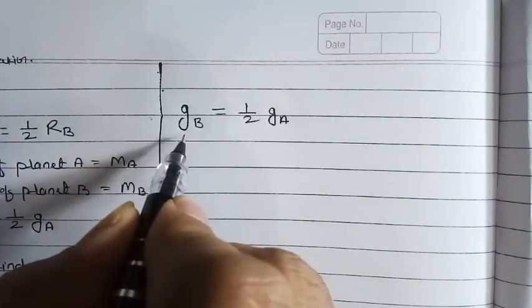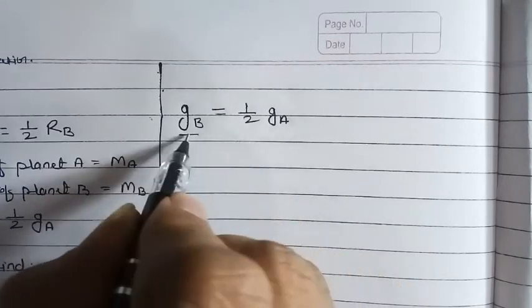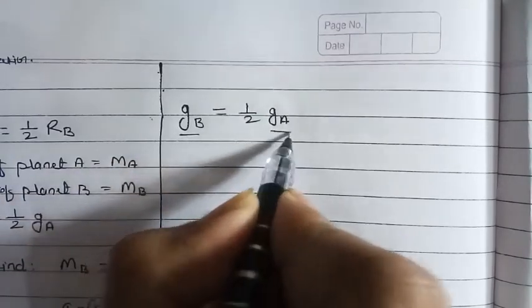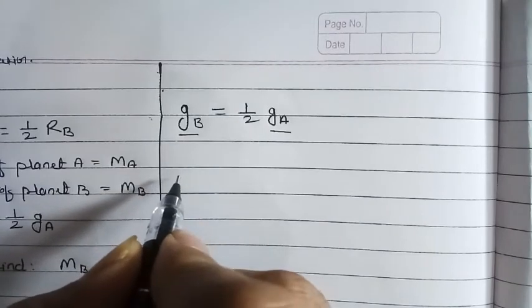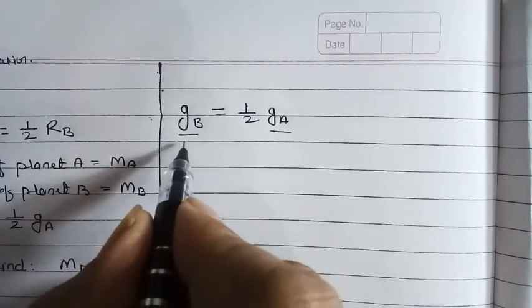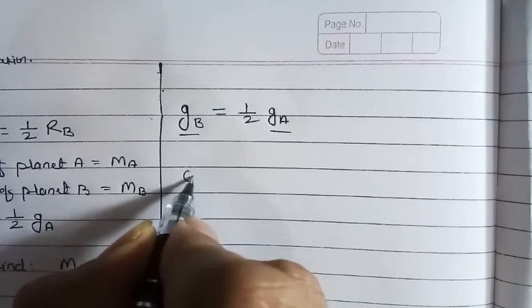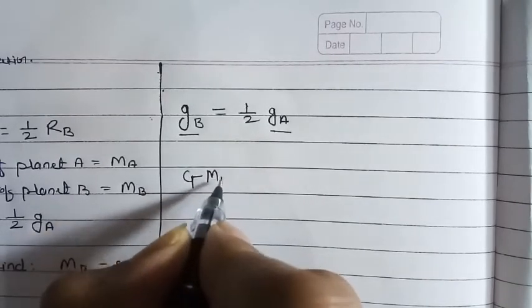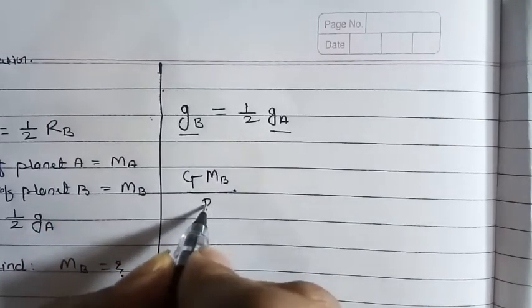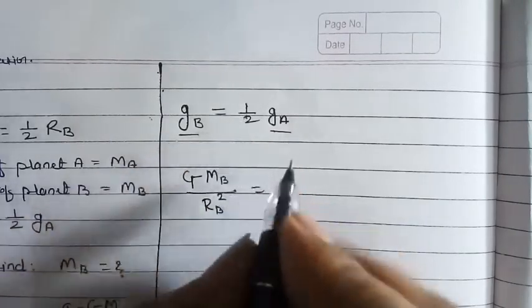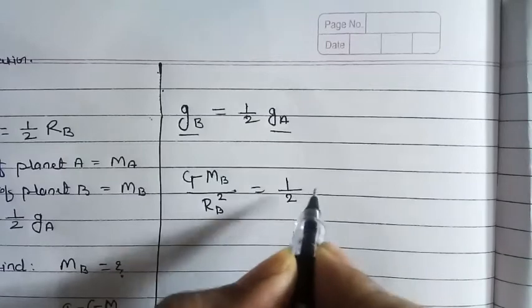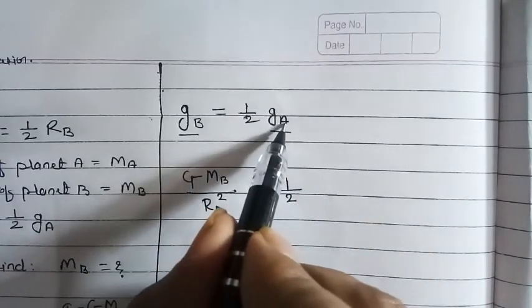So we have to place the values of g here from equations 1 and 2. What is gB? The value of g on planet B is G into the mass of planet B divided by the radius of planet B squared, equals half into gA.